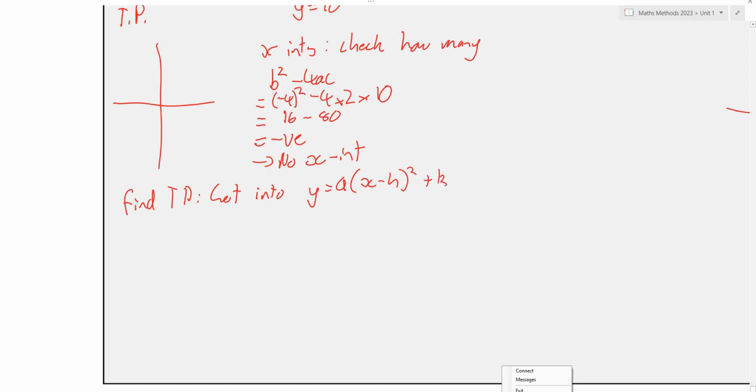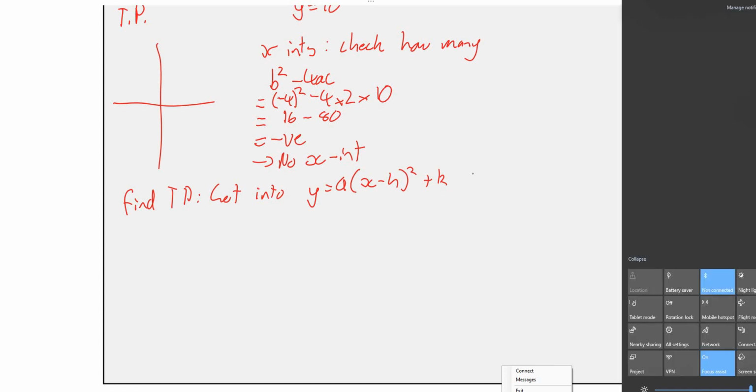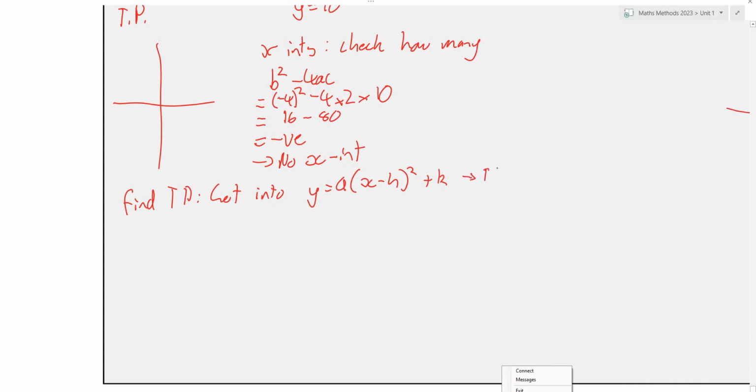And that will give me a turning point of (h, k). The one that's tricky, that always trips people up, guys, is the h. The h in my rule, if it's negative in my rule, it's positive in my turning point, and vice versa. So even though it's minus in the bracket, it's positive over there. But k matches up. So you just got to remember that little trick.